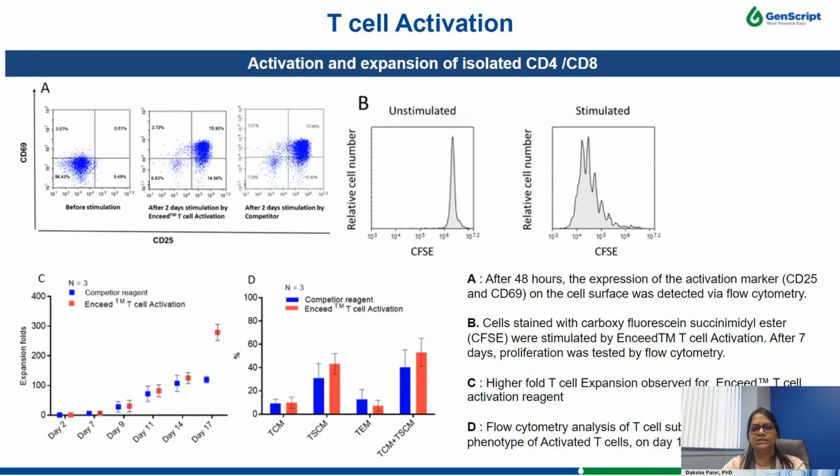And then this is the T cell expansion fold data, which is represented in figure C. And we can see the NCT T cell activation reagents are comparable with the control sample. Along with that, flow cytometry analysis of T cell subpopulations is also shown. Overall, the data looks quite promising.